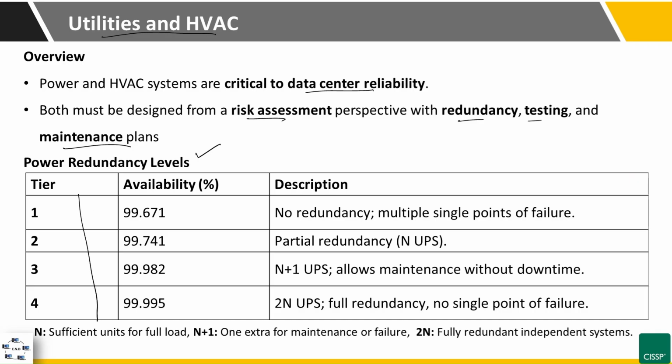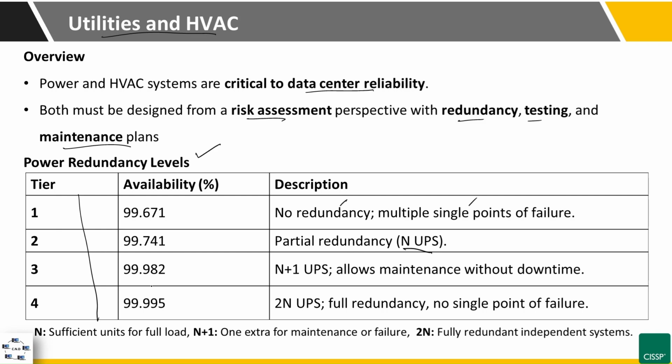These are different tiers, and this is their availability rating. Tier 1 has 99.671% availability, and it has no redundancy and includes multiple single points of failure. Tier 2 has 99.741% availability, and it has partial redundancy, known as N UPS.